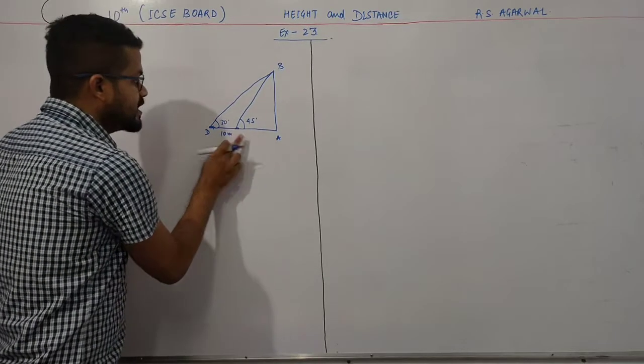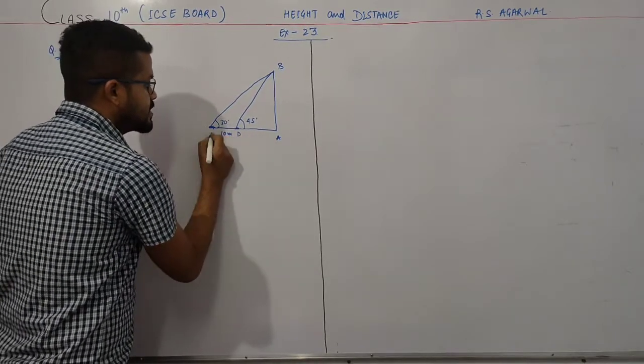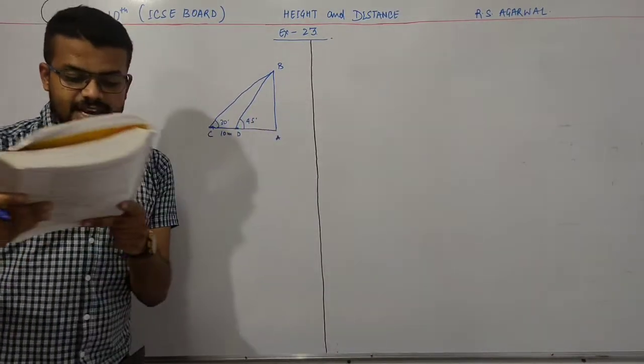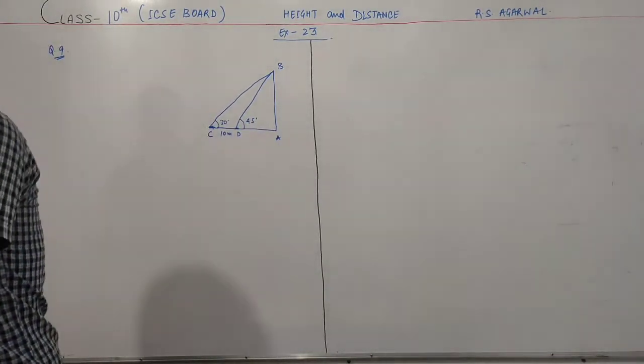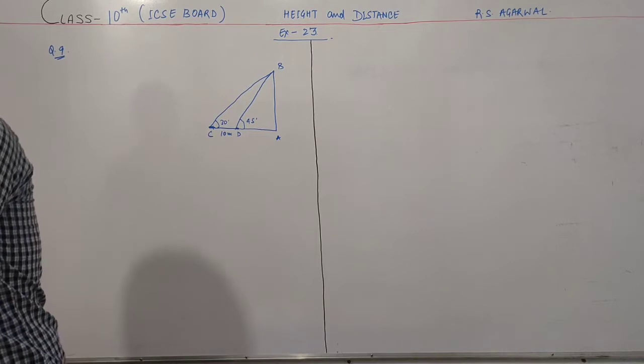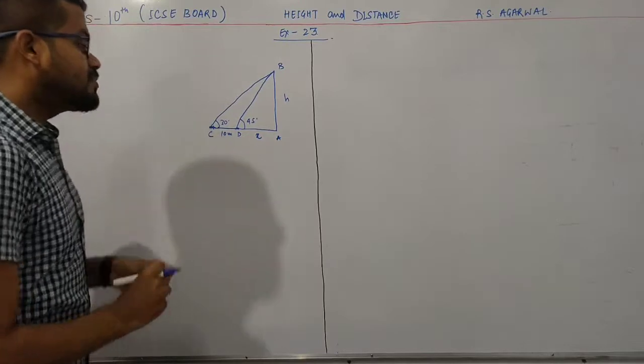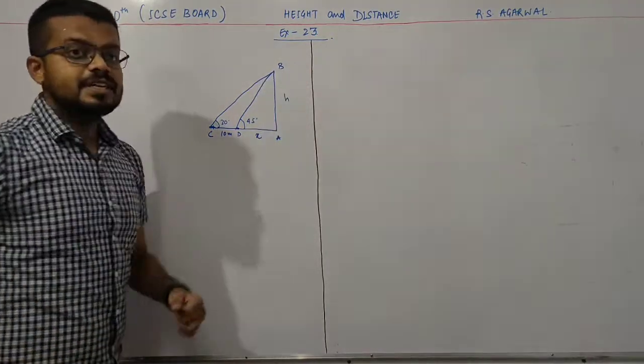This point is D and this is C. Find the height of the tower. Here the height is H and this is X. We have to find the height of this tower.